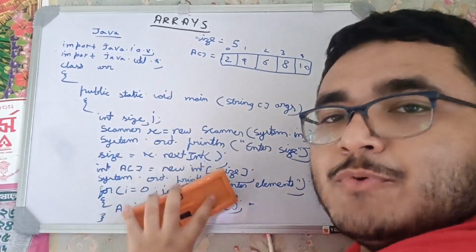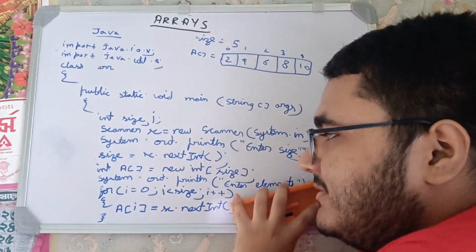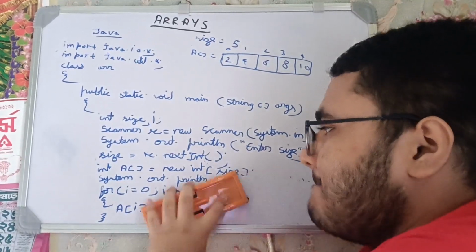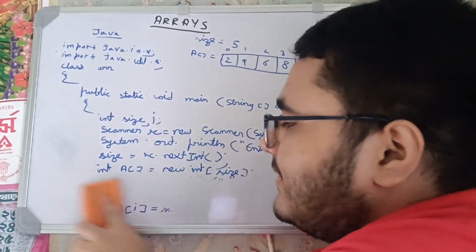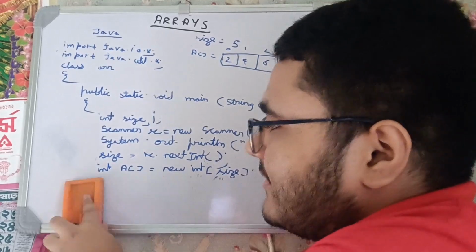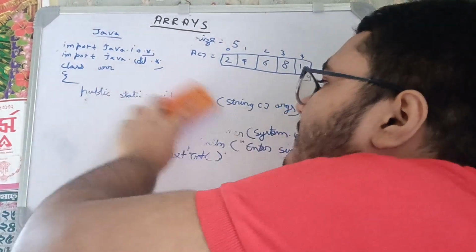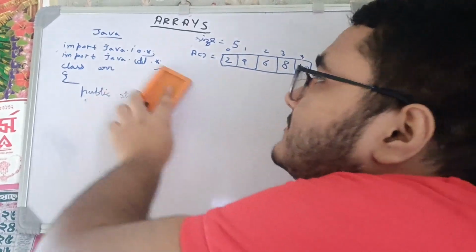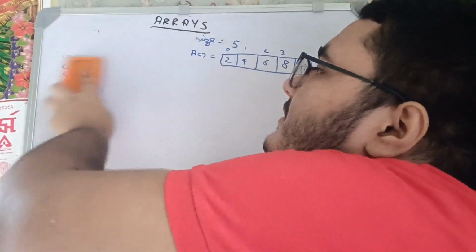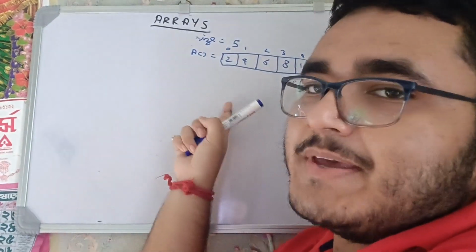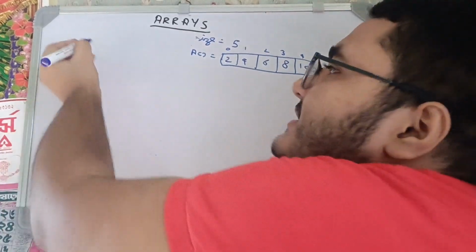Up to this I hope you have copied. So this is my array now, and I have to display the elements.